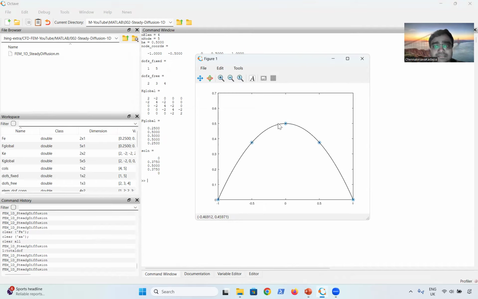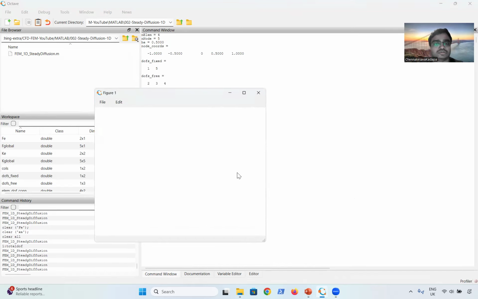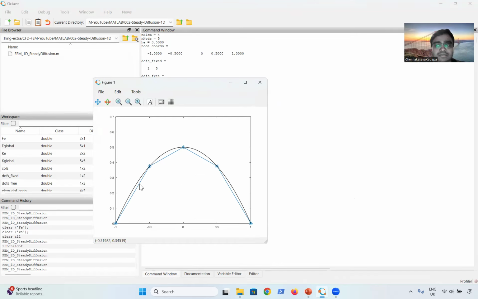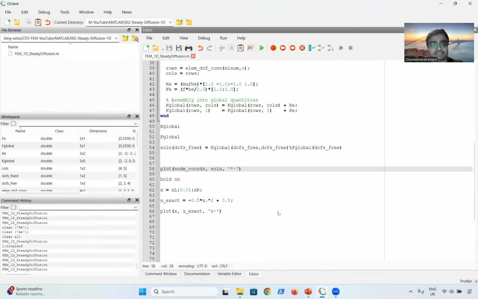Like I said, this is a parabola, and these stars are our FEM solution. We can also add a line if you want. So here we have a straight line. We have only two-noded elements, so the solution is expressed by a straight line between the nodes. As you can see, the solution matches pretty well.